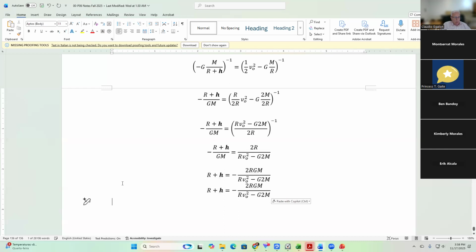R goes to the other side and switches sign, and I'm going to change the sign downstairs because I'm multiplying by minus 1. And that is the height that the projectile can reach with a given velocity. That's the radius of the Earth, that's the gravitational constant, right?